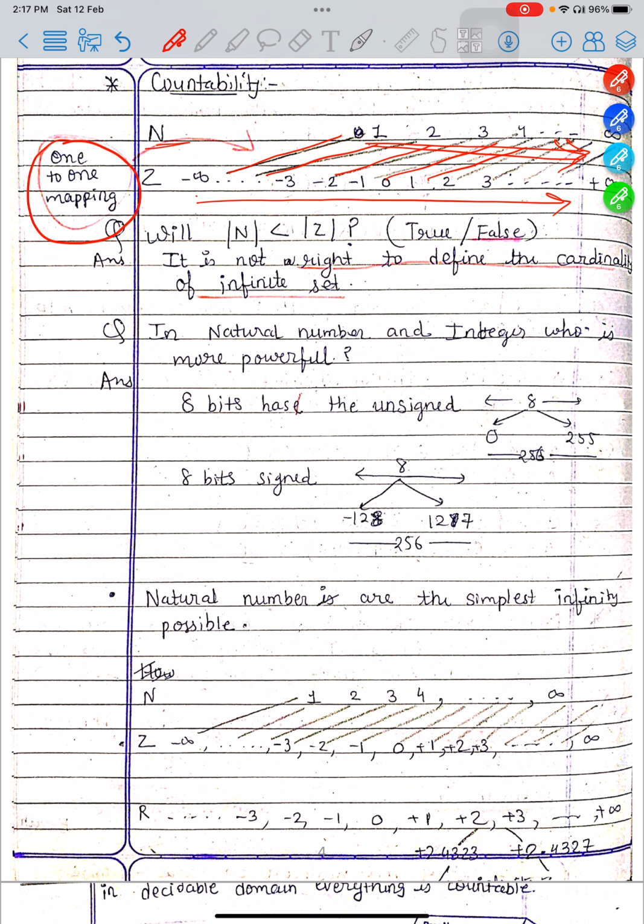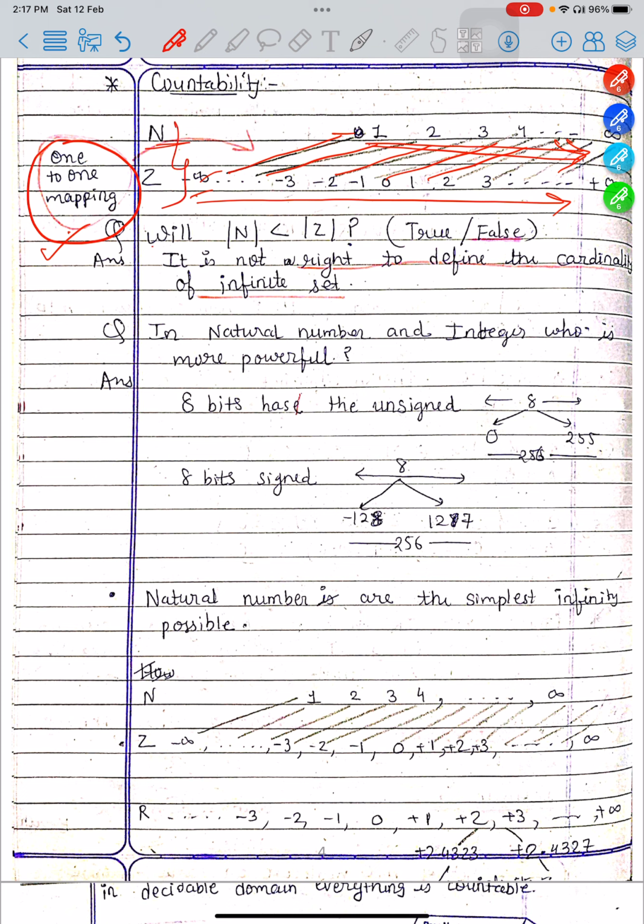We can map elements of such a set with natural numbers because they both are infinite. So this statement of one-to-one mapping holds true, and they are called countable infinites.